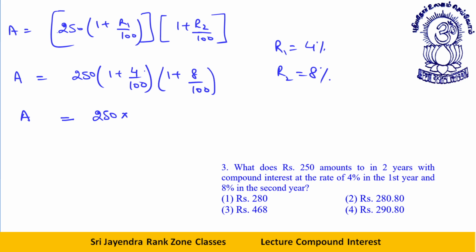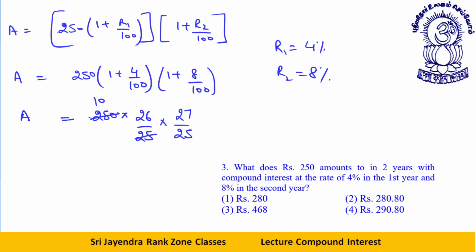I will tell you what to do. This is 1 by 25. This becomes 26 by 25. This becomes 27 by 25. Okay. Now if you cancel it, you can cancel it, but I'm not going to solve it. Actually, I just need to tell you a logic. This will give you a 10. Then you cancel, this will become 0.4.